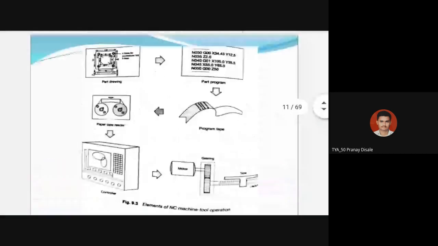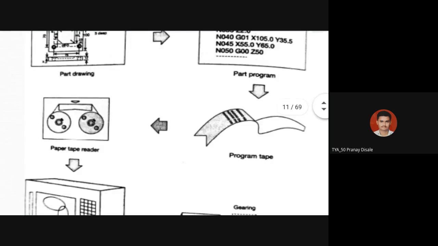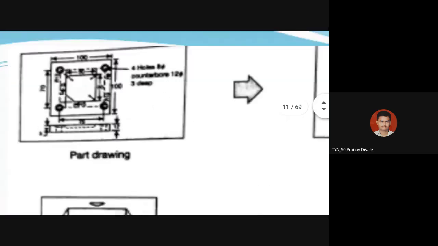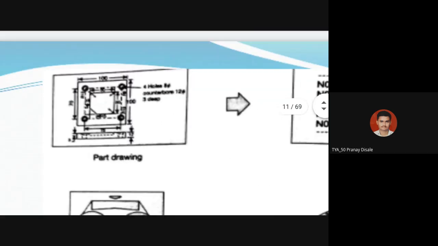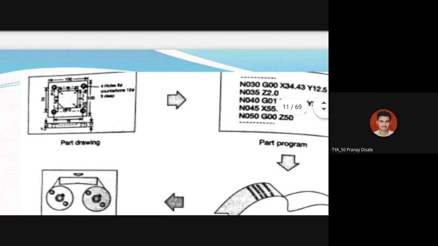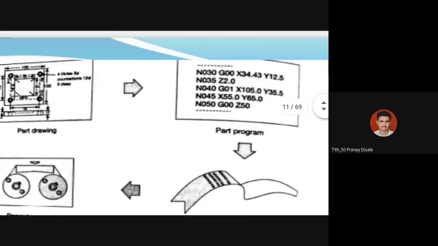Some part drawings are also there. This is also the methodology. If you see here, this is the part drawing. This type of material we require, and this type of component we require. Now what is the procedure? After the part drawing, we will create the part program in numerical terms.